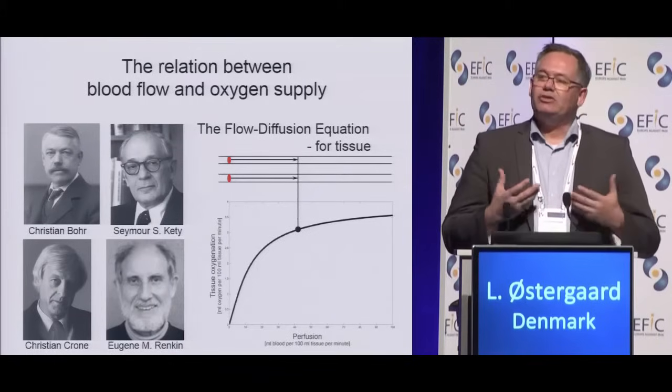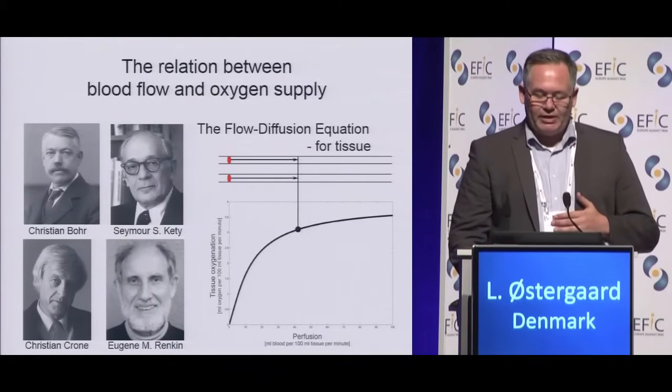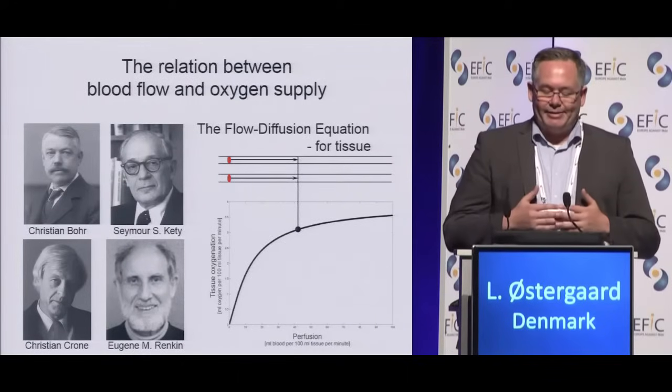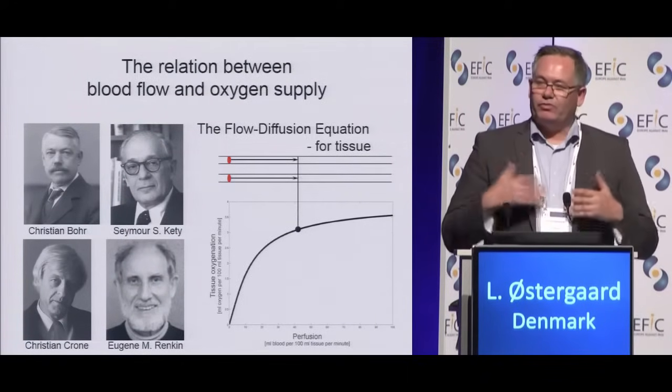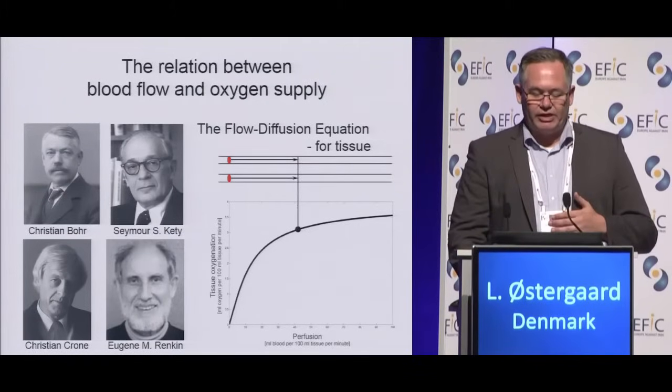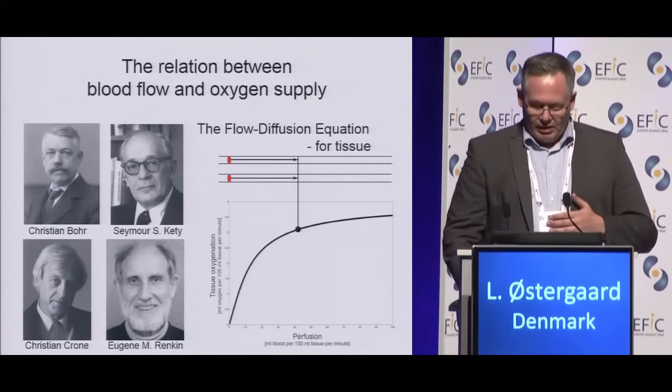What they did to do that was that they assumed that all capillaries in tissue have identical velocities, so blood travels at identical velocities. And you could simply multiply that equation from before with, say, 1 trillion capillaries, and then you would have the oxygenation of tissue.